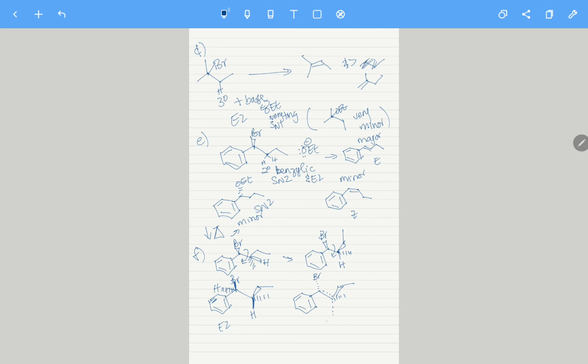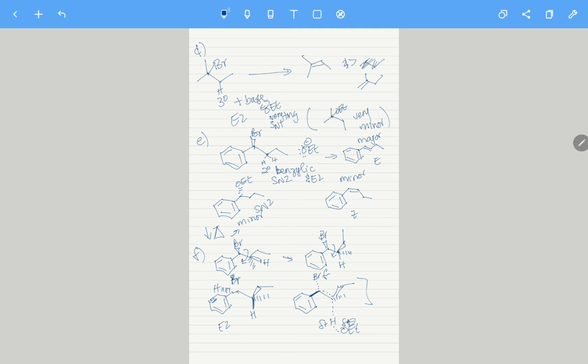Okay, and I will draw in actually the transition state. So your base will have to come in and cause that to leave. And by doing that, that means this group over here, and I should have put a, this is not a wedge. Let me make that a little bit more clear.